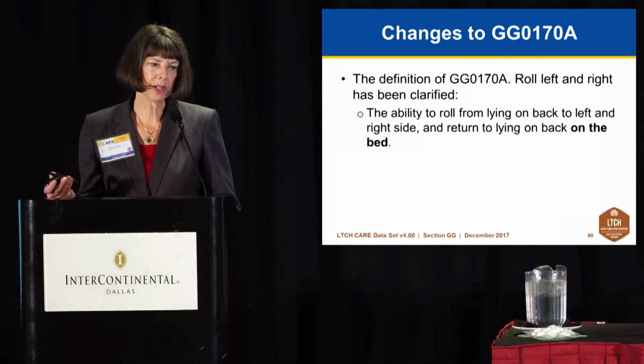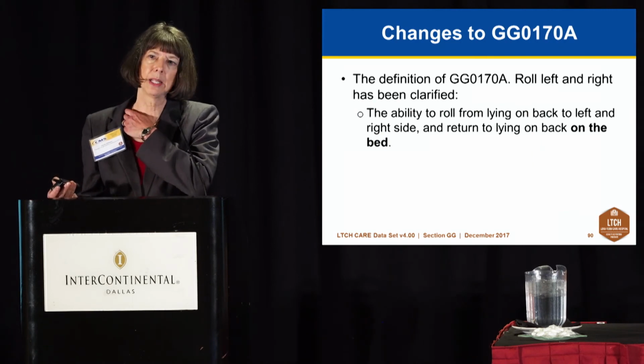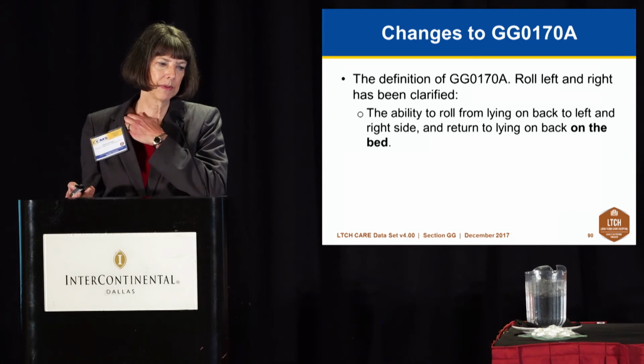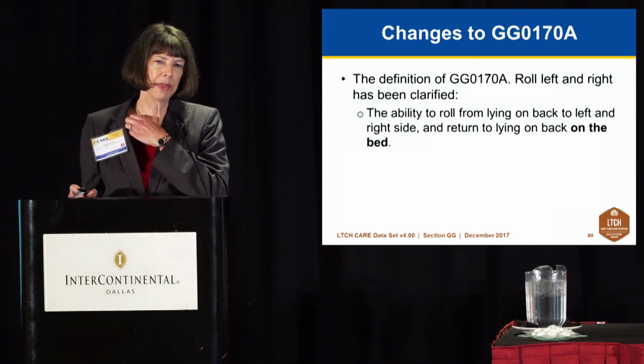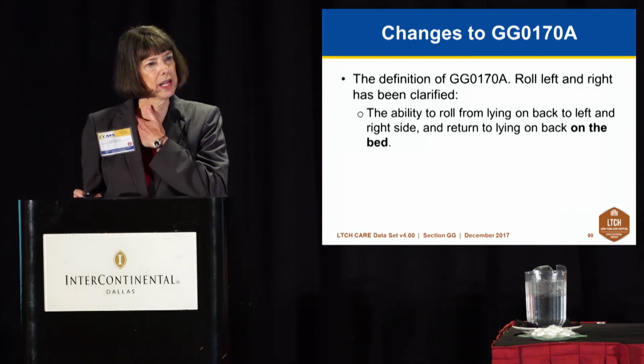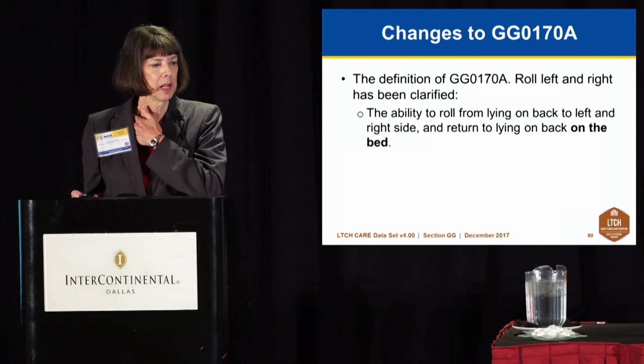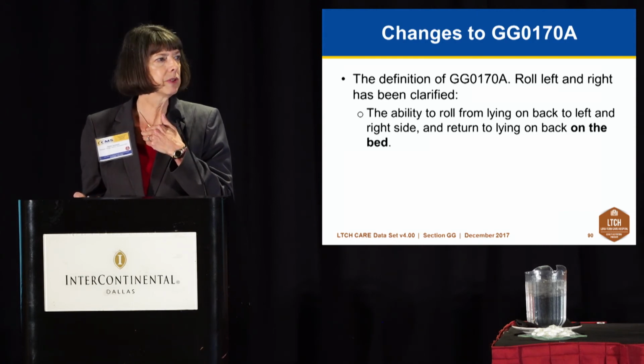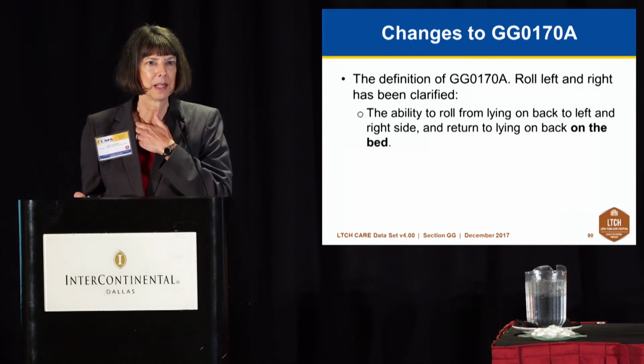The definition of roll left and right has been clarified. We've emphasized on the bed because of questions we've received from providers like you in terms of where this can take place, because sometimes this assessment of rolling left to right might take place in the therapy gym. Maybe the patient is on a mat. Maybe the patient is in a reclining chair.